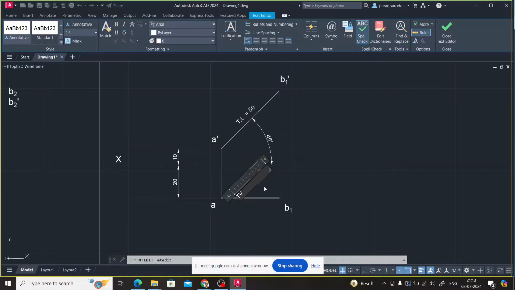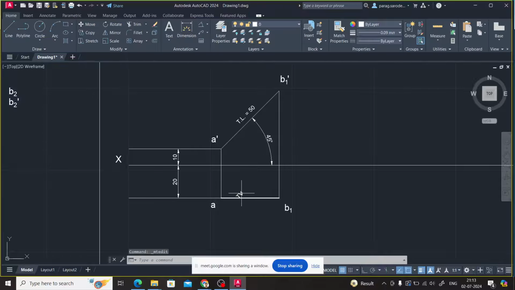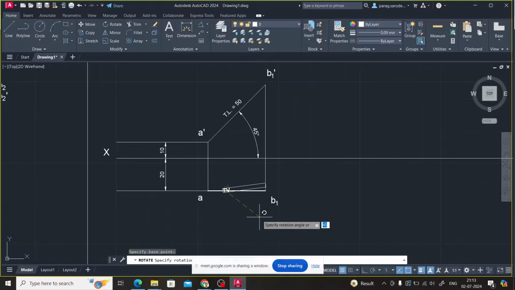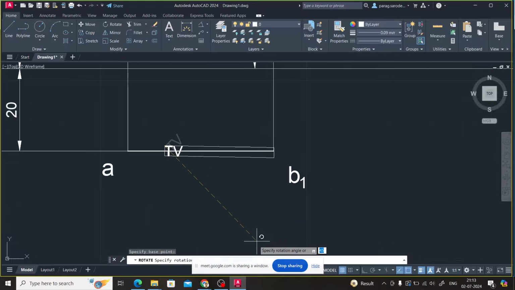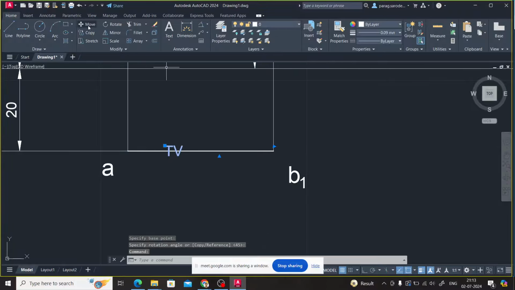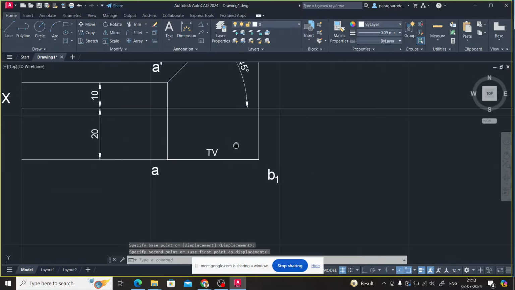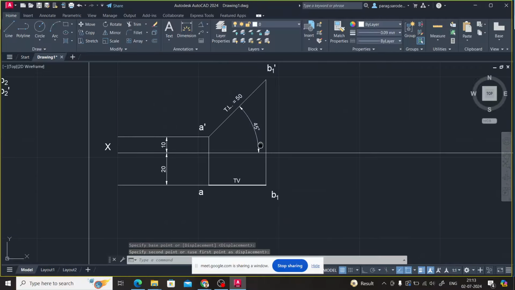This I can rotate. This is top. This way the line is completed, and the line which is passing from this B1 we call it locus.